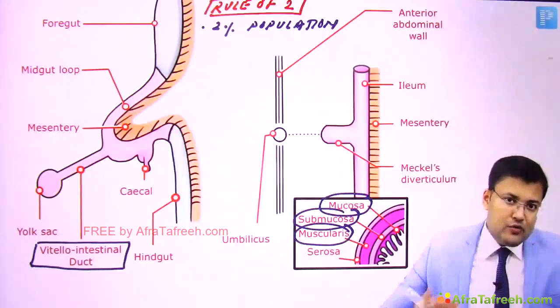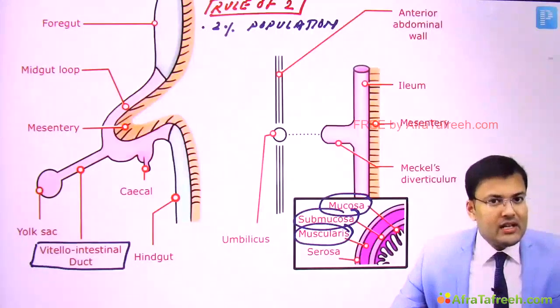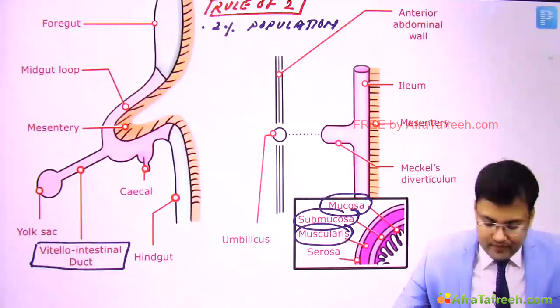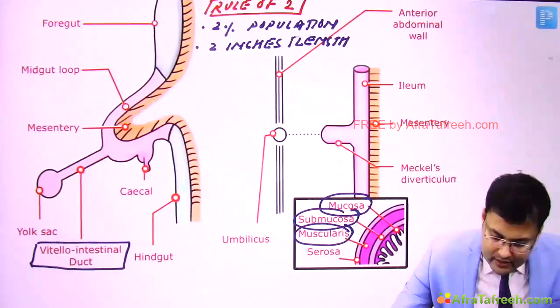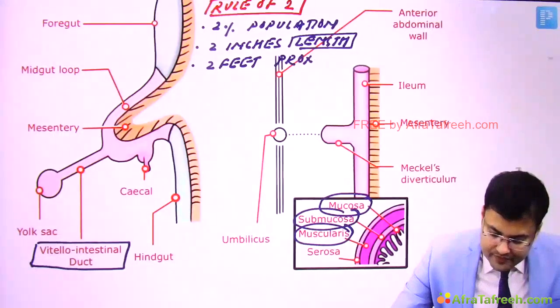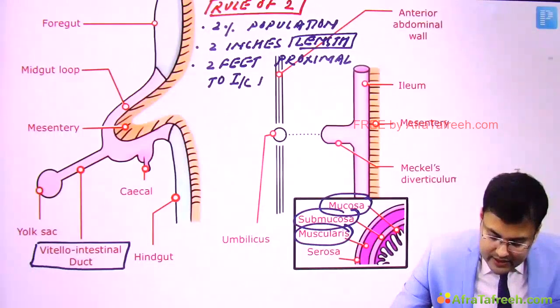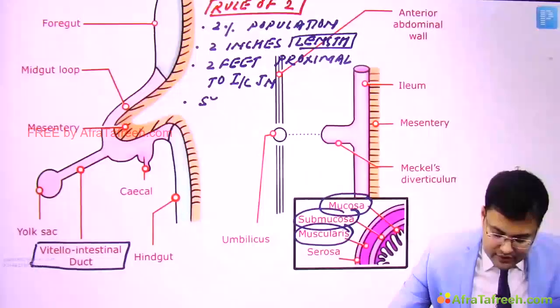It is located 2 feet proximal to IC junction, and most of the symptomatic patients are less than 2 years of age. So 2% population, 2 inches in length, located 2 feet proximal to IC junction, and symptomatic patients are less than 2 years of age.